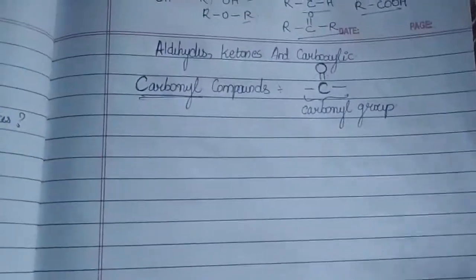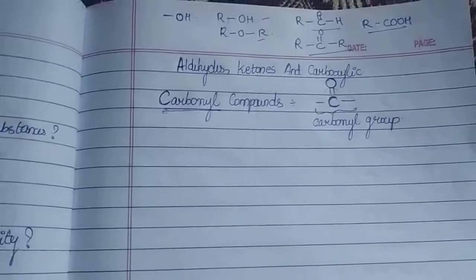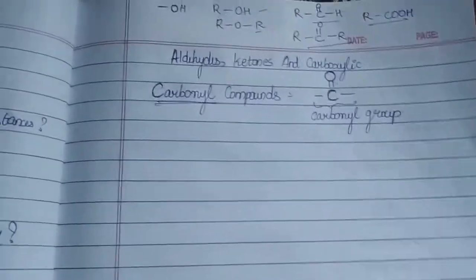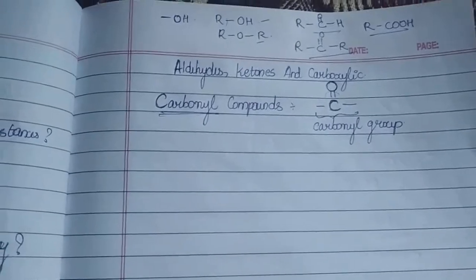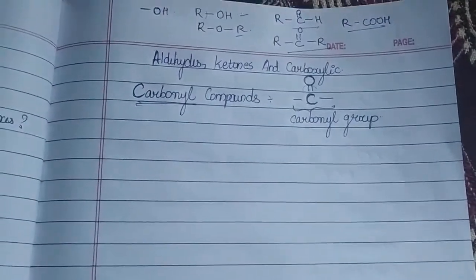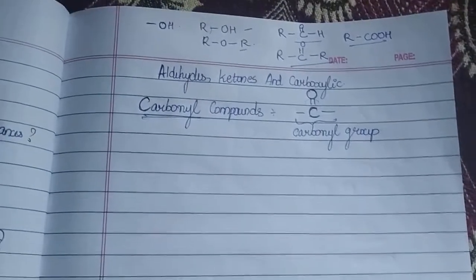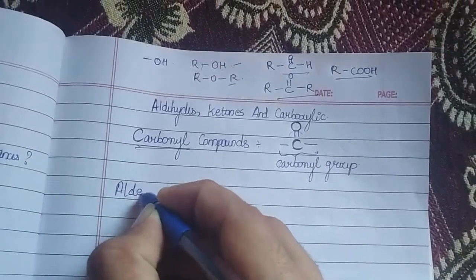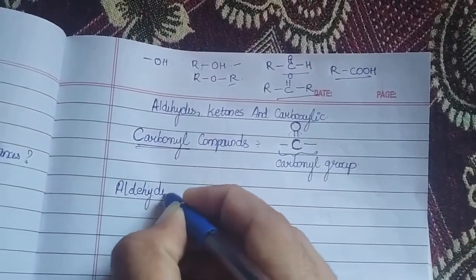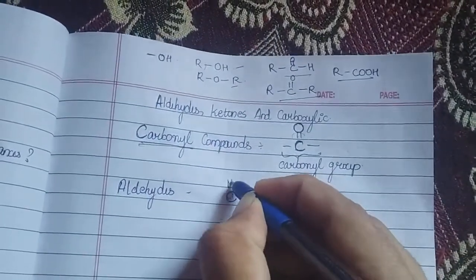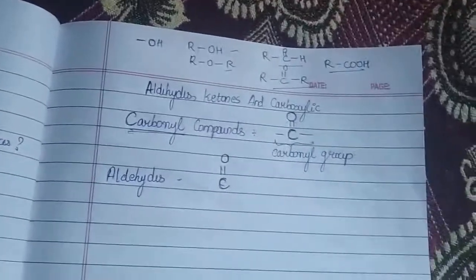Basically, when I am talking about aldehydes and ketones, I have to make a difference between them, because both aldehydes and ketones are carbonyl compounds, but how we differentiate aldehyde from ketone is the major task. Remember, guys, whenever we choose aldehydes, it is a carbonyl compound.